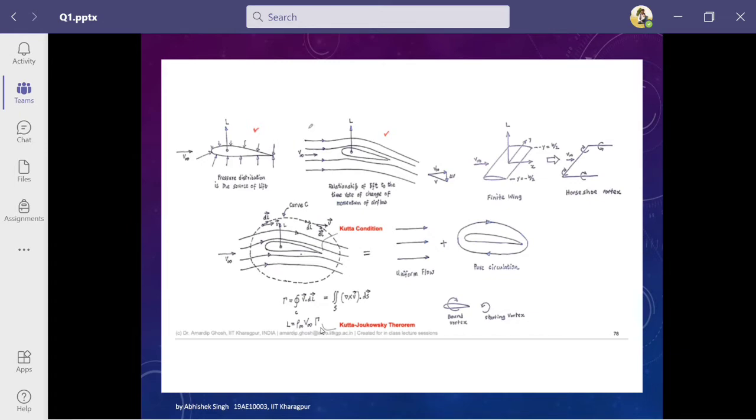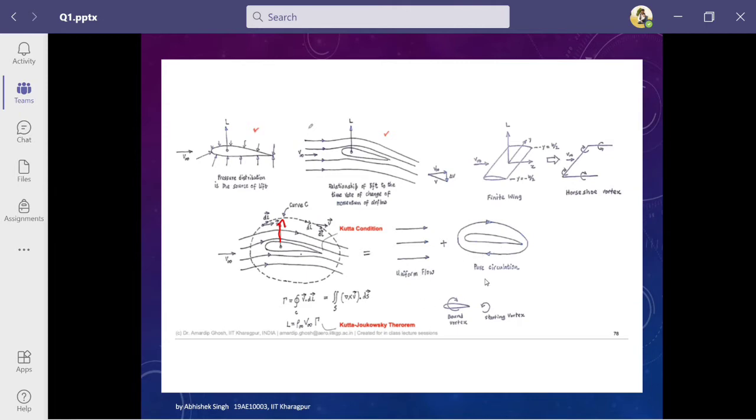The answer is that the velocity distribution over the airfoil generates the pressure distribution, which in turn gives us the net forces, basically the direction of lift, the lift force. So from any particular value of the circulation, we get that value of lift for that airfoil.